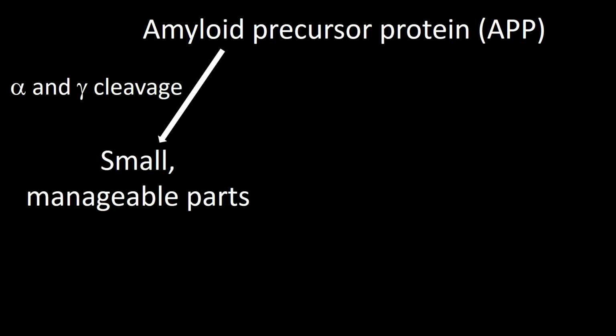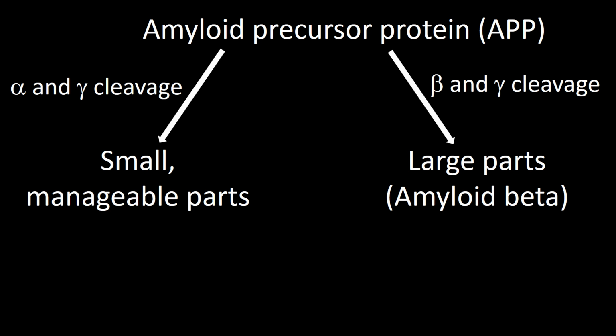Alpha and gamma secretase cleave amyloid precursor protein and produce small manageable parts that do not accumulate. On the other hand, amyloid precursor protein that is cleaved by beta and gamma secretase forms large structures called amyloid beta that accumulate.